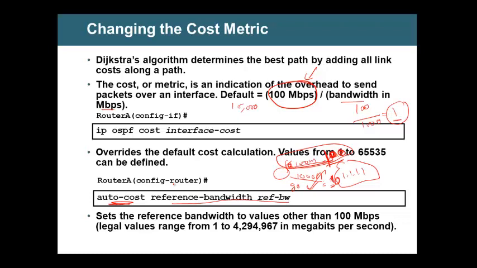So if you go to a data center, you must configure this reference bandwidth. Because in data center, the links are always 1 gig and above only. Very rare to see this 100 meg wire. Is that clear? Shall we go to the next topic?